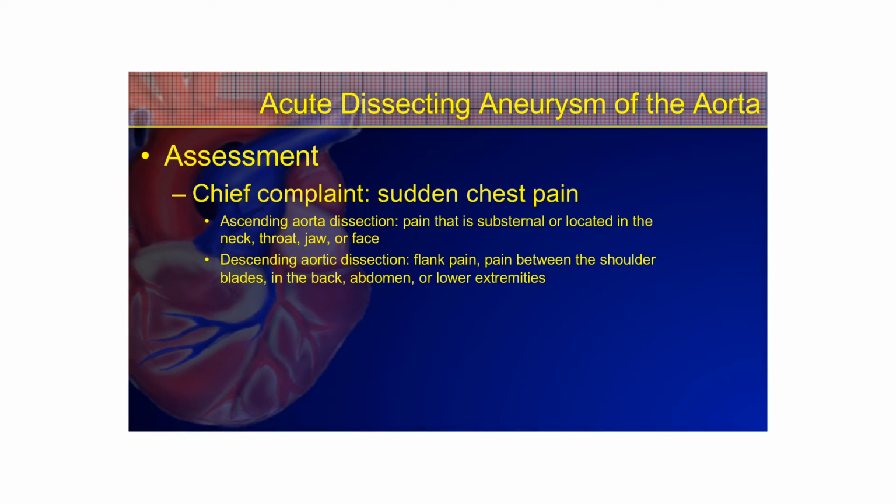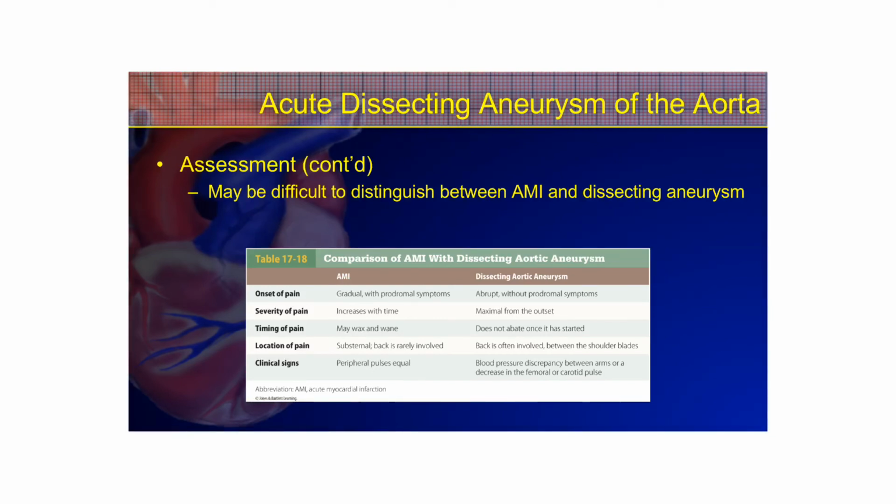Ascending aorta dissection is usually associated with pain that is either substernal or located in the neck, throat, jaw, or face, so more superior, whereas descending aortic dissection usually produces flank pain or pain between the shoulder blades, in the back, abdomen, or lower extremities. Your classic pathognomonic presentation is that tearing or ripping pain in your back.